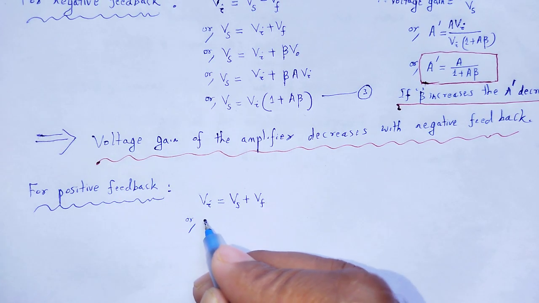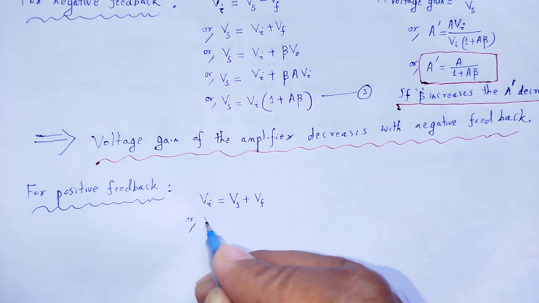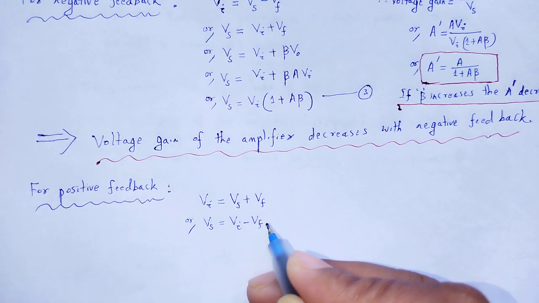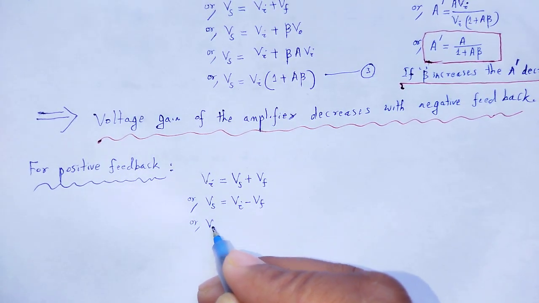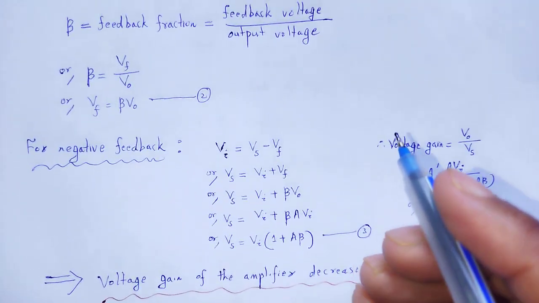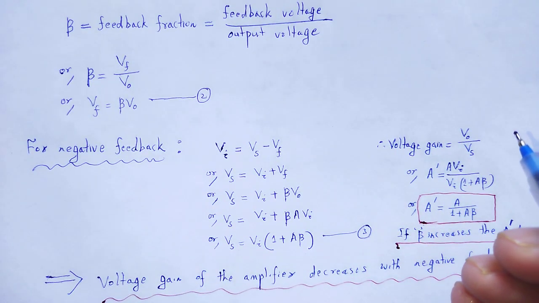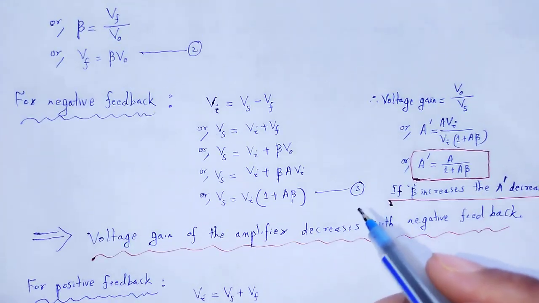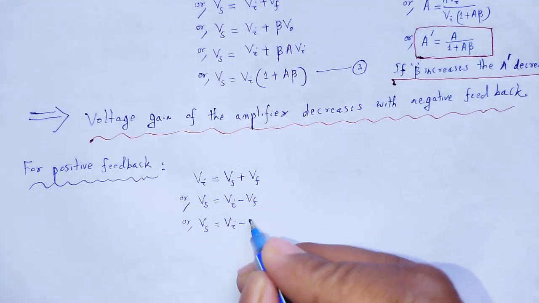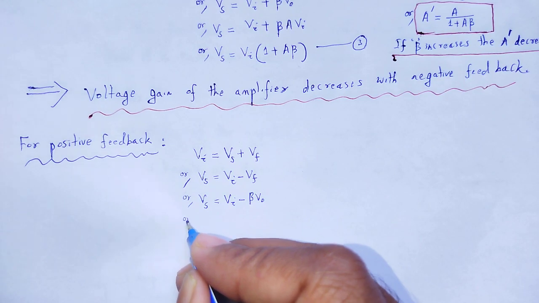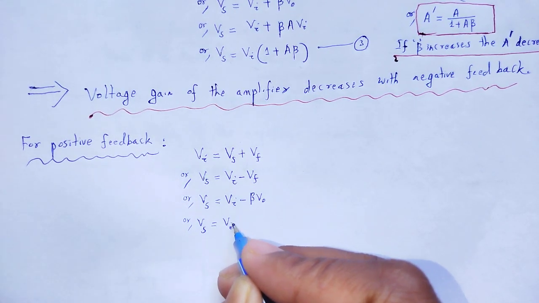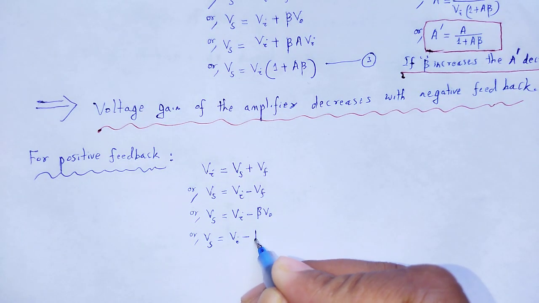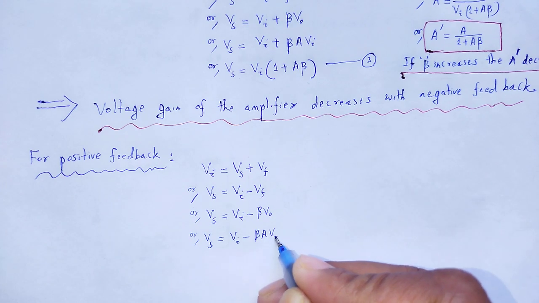So the signal voltage is equal to Vi minus Vf, or Vs is equal to Vi minus beta times Vo, or Vs is equal to Vi minus, in place of Vo, A times Vi, that is beta A Vi.